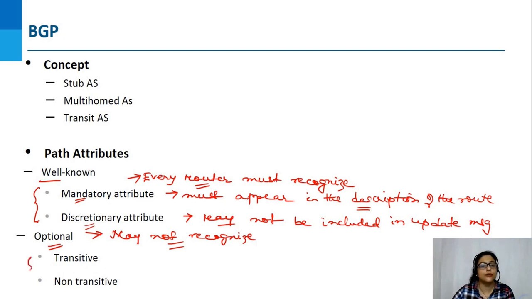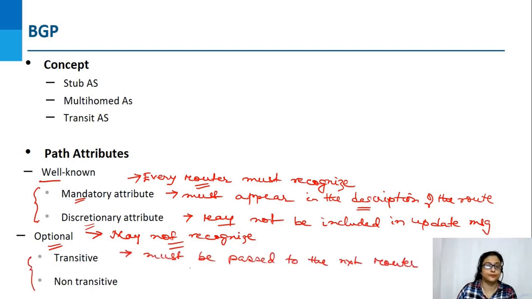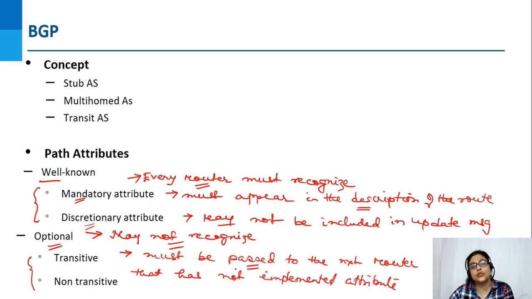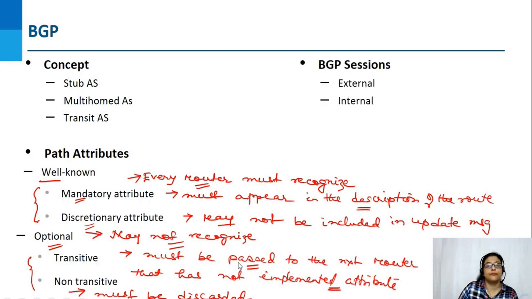Now, optional can be of two types. One is transitive and the other one is non-transitive. The transitive optional path attribute must be passed to the next router that has not implemented this attribute. Whereas for non-transitive, it must be discarded by the next router that has not implemented this attribute.